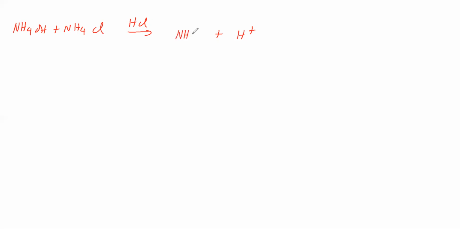So ammonium hydroxide consumes the H plus. In ammonium hydroxide, the hydroxide takes H plus and becomes water. What remains is the ammonium ion. So the added H plus is removed like this. So in this basic buffer, the ammonium hydroxide removes the added H plus from the HCl.